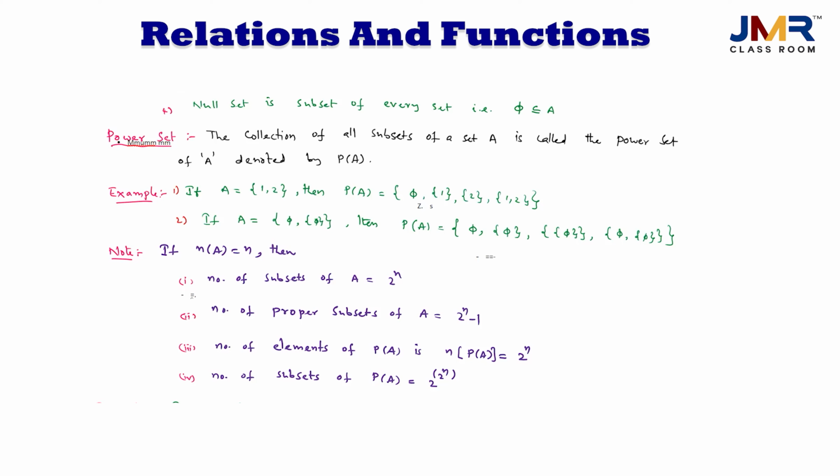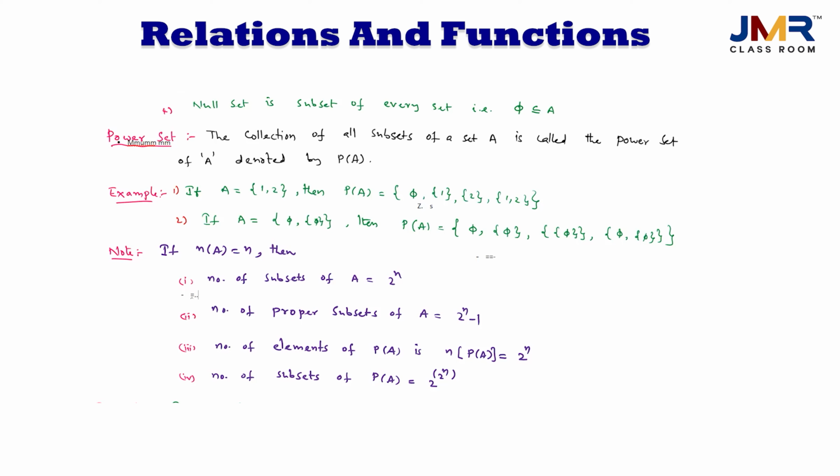Number of proper subsets of A is 2 power n minus 1. Why? Because proper subset means, what is a proper subset? You cannot include the set itself. So all the subsets except the given set are called proper subsets.